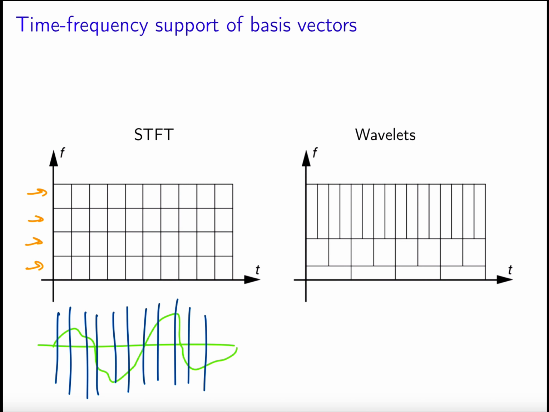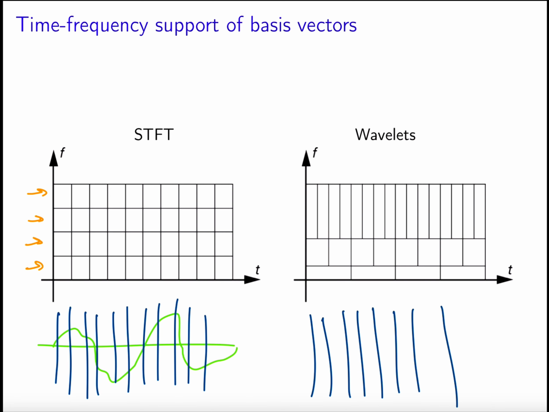Now, when we look at wavelets, we're actually cutting up time in different resolutions. So this would be for a coarse resolution, this would be for a finer or higher resolution, and so on and so forth, which is what is indicated here. And then those guys are going to have different bandwidths because of that.